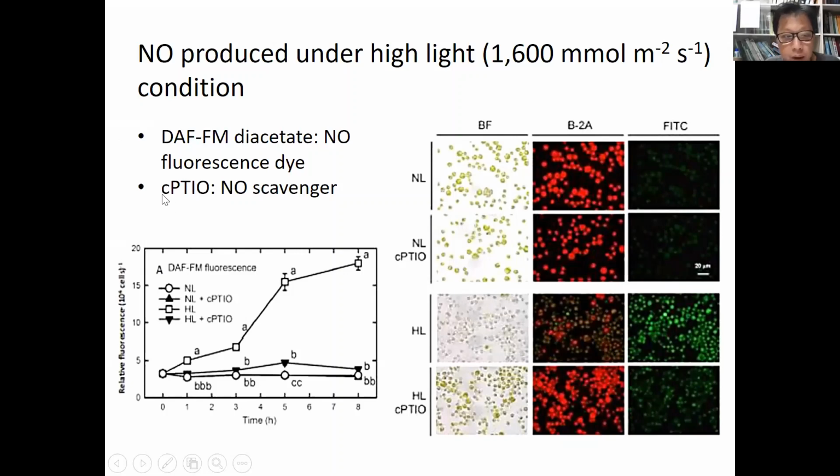And you can use cPTIO, an NO scavenger, to confirm whether this green fluorescence is emitted from the NO. And we can see here the cPTIO treatment will inhibit the green fluorescence from NO. So it's confirmed that under high light condition, this green fluorescence emission is the NO production.